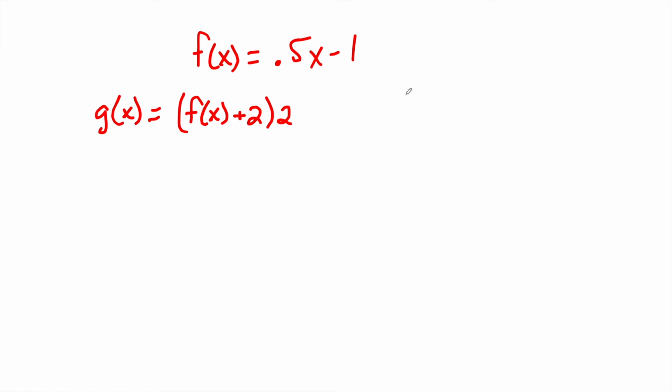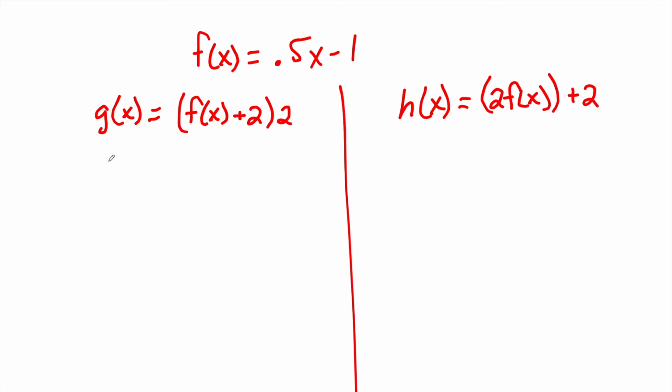Whereas h of x is going to be something very similar, but it's going to be its opposite form, right? So we're going to start by multiplying the f of x by 2, but then we have to make sure that we add a positive 2 to the end of that result. So let's see what the difference is truly between these two. So g of x is going to equal, well, we know what f of x equals, so I'm going to write parenthesis 0.5x minus 1 plus 2 times 2.